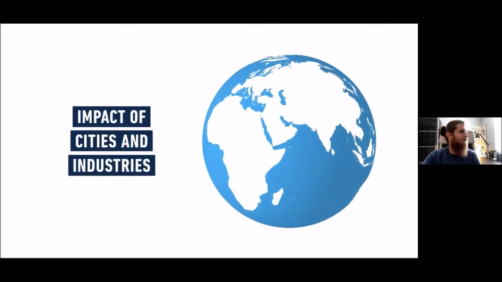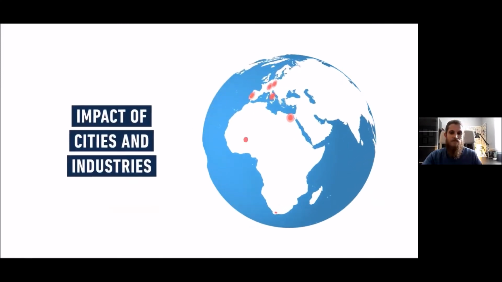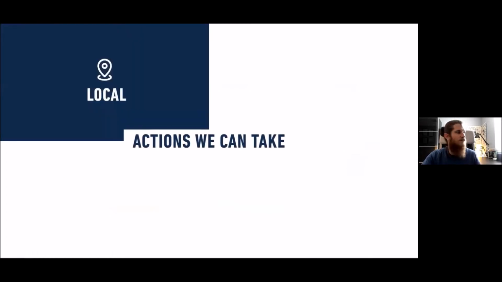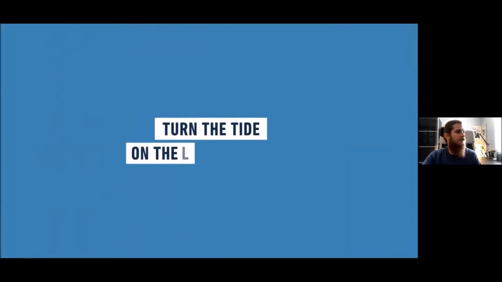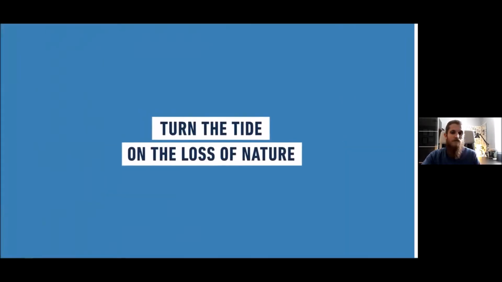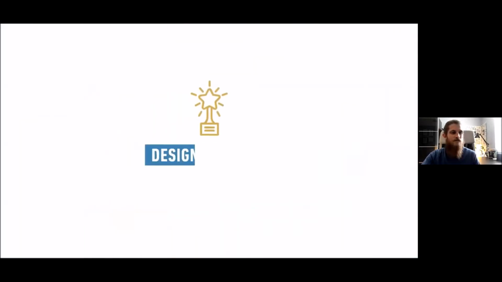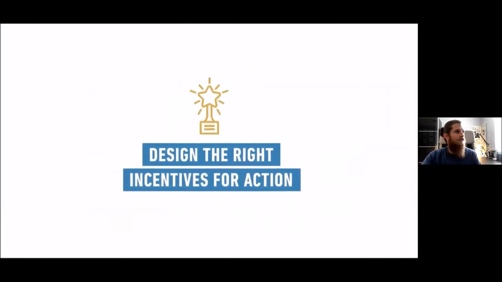We can quantify the impacts of our cities and our industries on biodiversity. We can start to understand what actions we can take at local, national, regional, and global scales to make a difference and turn the tide on the loss of nature. And we can design the right incentives for action.